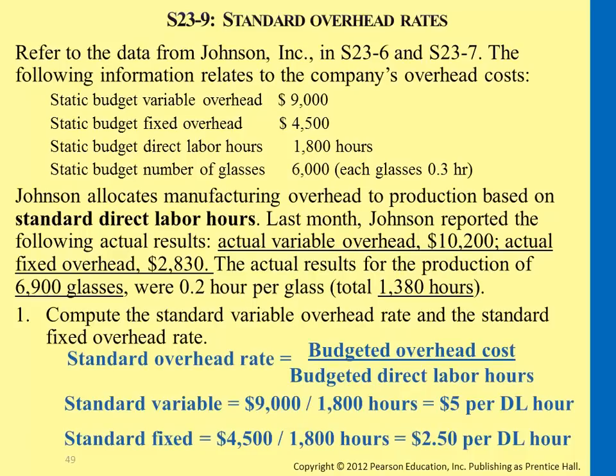So for the 6,900 glasses, based on the rate, each glass should have taken 0.3 hours. So 6,900 times 0.3 will give us how much? 2,070 hours, right? 0.3 because earlier the problem tells us that we budgeted 1,800 hours for 6,000 glasses.